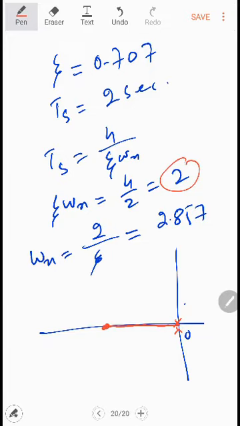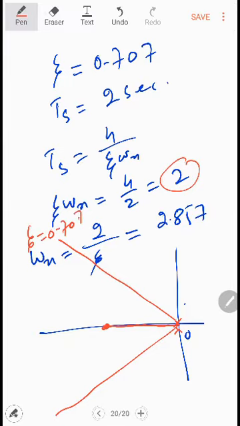This is one location, and also remember that we have the zeta equal to 0.707 line. Which means that we know this angle, so we have to find this angle. You can easily find it by taking the inverse cosine on both sides.